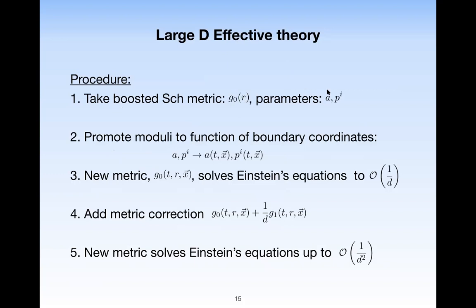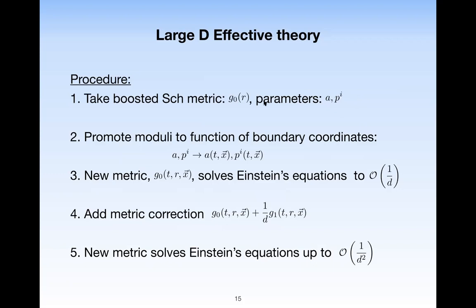Earlier, this also had a parameter, the radius of the horizon, but here instead I choose to think in terms of the energy density alpha. Since this is a black brane, I can simply do a Lorentz boost in order to generate some momentum, which here I denote by p. And at this stage, these two parameters are just constants.